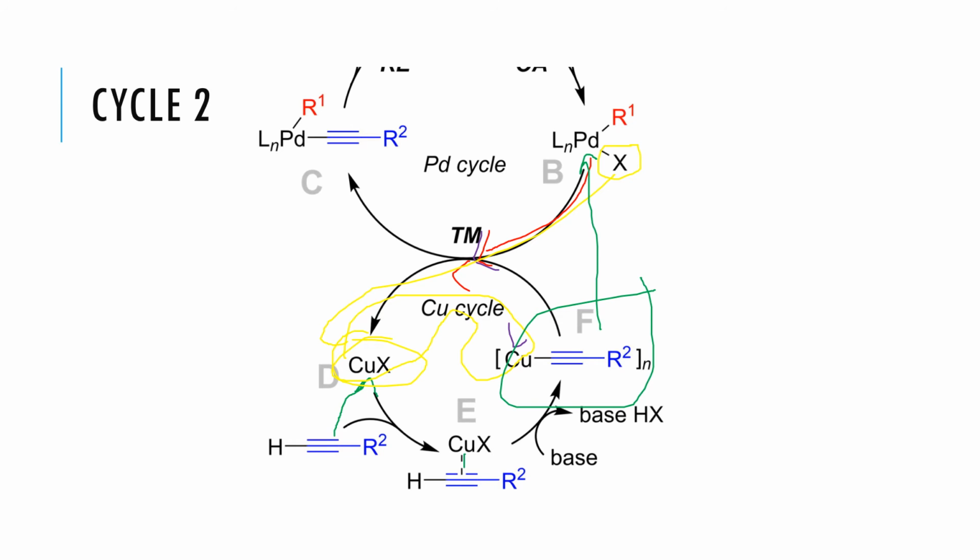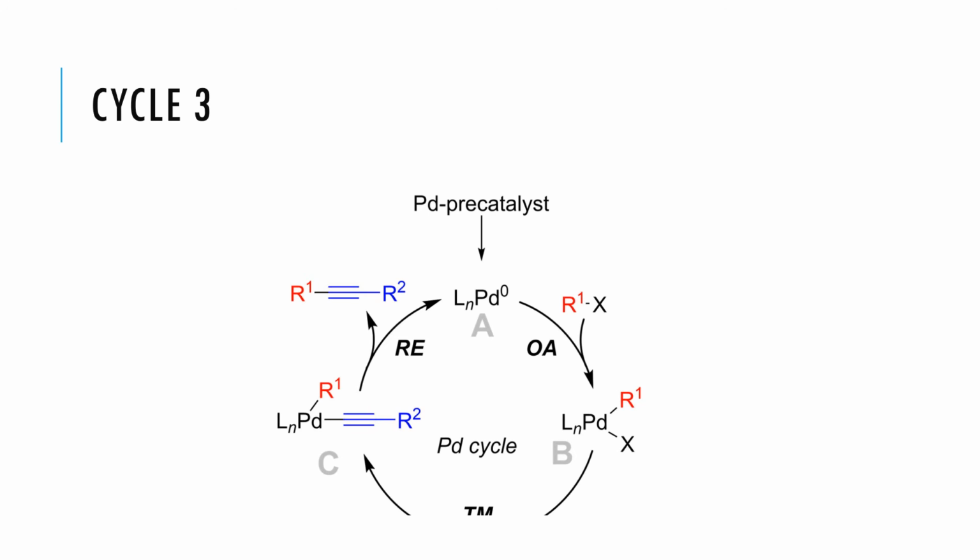Once that occurs, you get your palladium complex. Usually these two have to be next to each other for the next step. In the reductive elimination, the alkyne group and the R1 group come off to form your alkyne, which was the product of an R group and an R group.